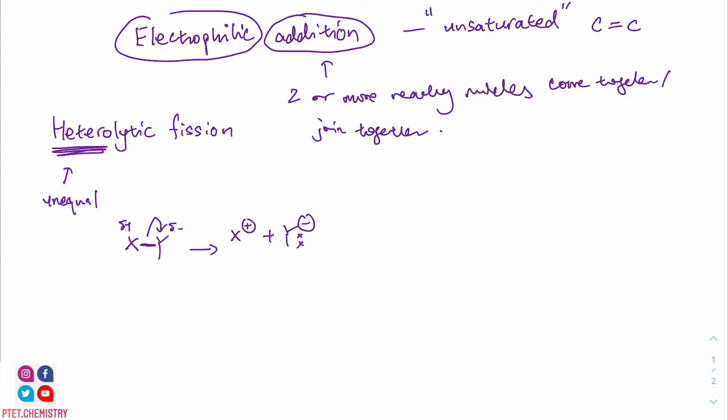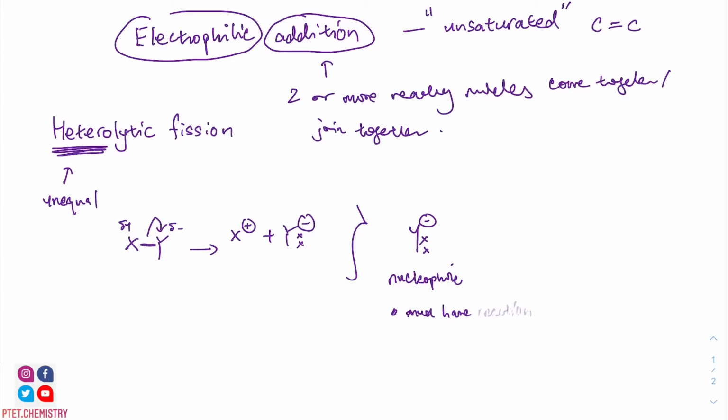In that sense, you can also think about the opposite. A species that has at least a lone pair of electrons and is electron rich is what we call a nucleophile, okay? It must have a lone pair. That's why in every reaction that involves heterolytic fission, you must show the nucleophile having a lone pair.